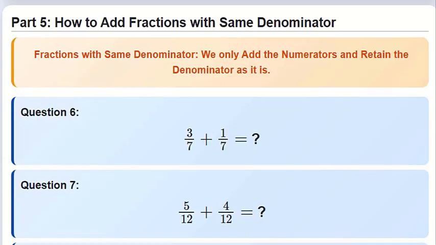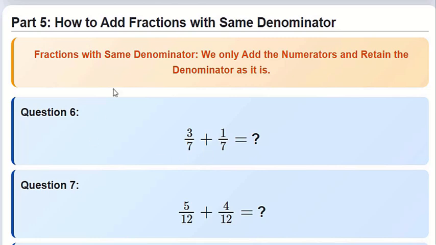Well, now that we know what is a fraction and we also know the parts of a fraction, I want us to learn about how to add fractions with the same denominator. And we said denominator is the value below this division bar here. So this is the numerator, this is the denominator.